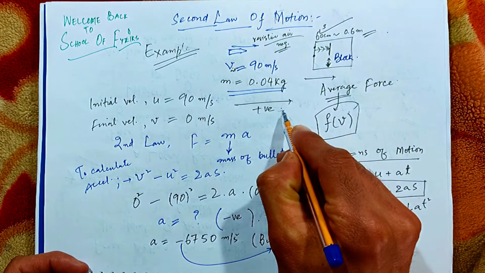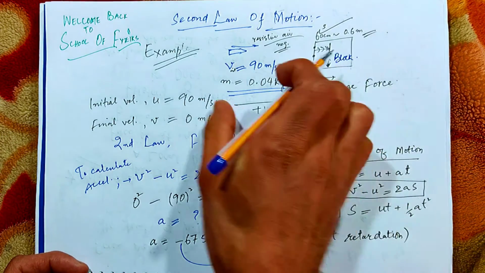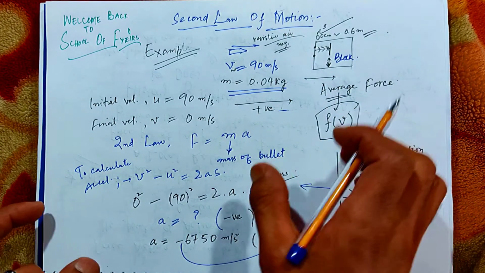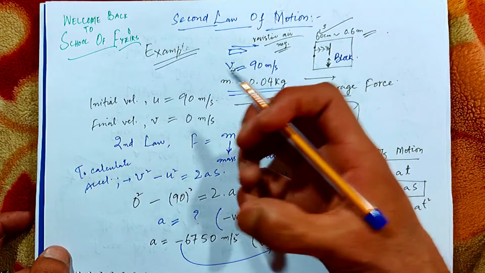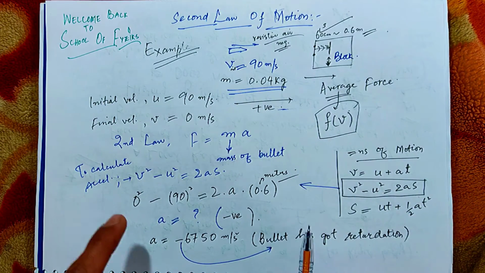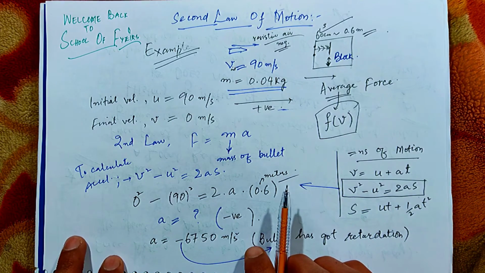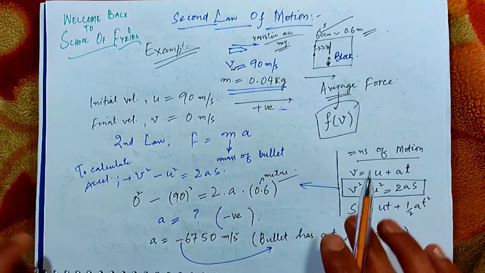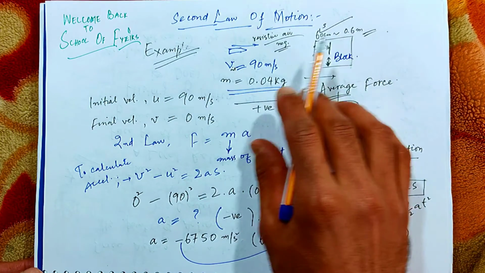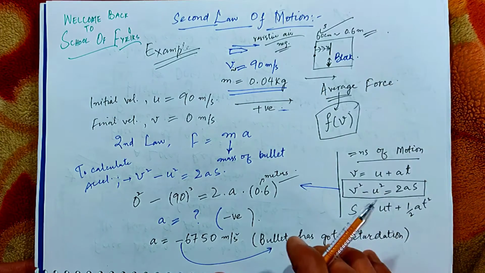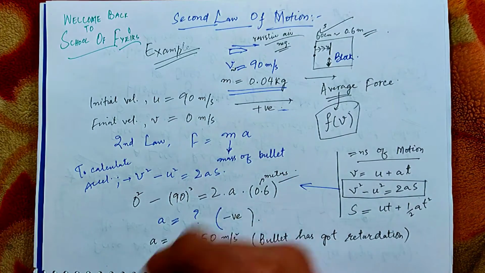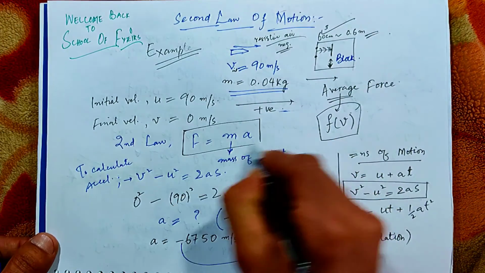For example, if we take this direction to be positive and a body gets accelerated along it, we say it's a positive acceleration, but if it is retarded we get a minus sign in the acceleration, and that acceleration is called the retardation, even though it is also acceleration, but in the opposite sense. So in this case, because the bullet was first moving but ultimately got stopped, we have a retardation. So from the second law of motion, now we can use this.